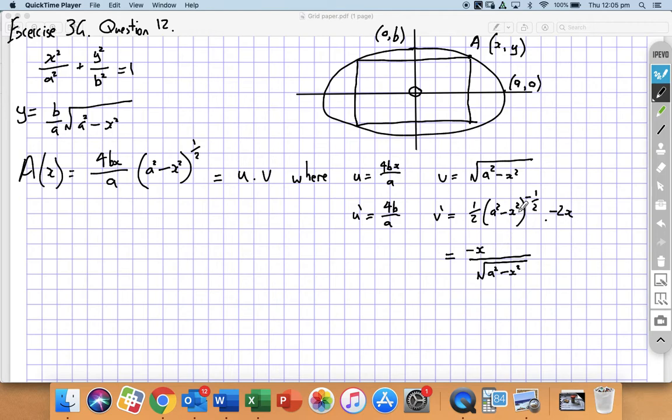Now what I said in class, when I did this question in class, I said you might be starting to get comfortable with product rule or quotient rule, where you don't need to write out equals some function u times some function v. And you're just going to go straight to saying, well, I need the derivative of this bit times that, and then I need this bit here times the derivative of this part.